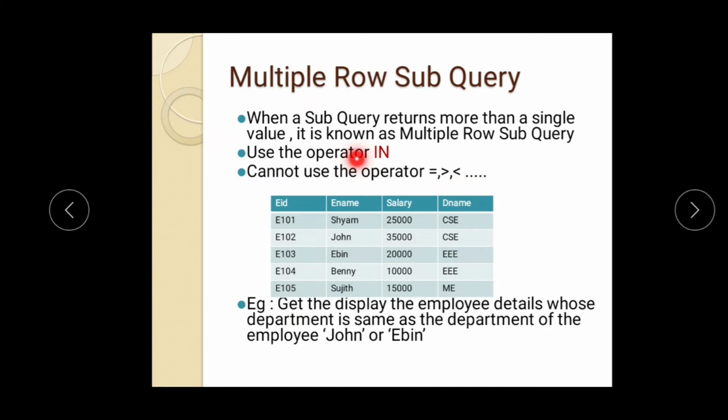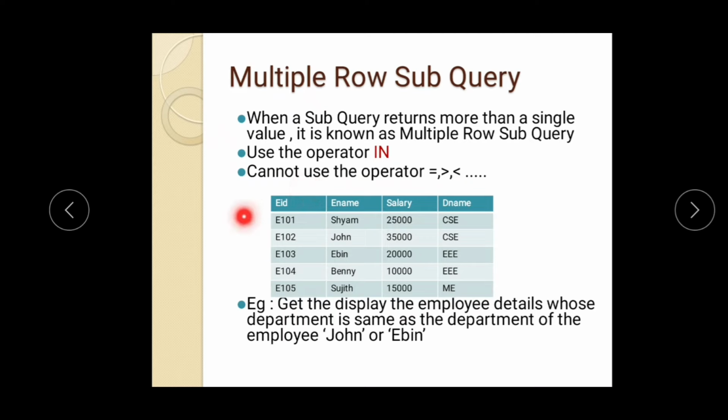But here, instead of that, we use the operator IN. So when a subquery returns more than a single value, it is known as a multiple row subquery. It uses the operator IN. We cannot use the operators equal to, less than, greater than, and so on.